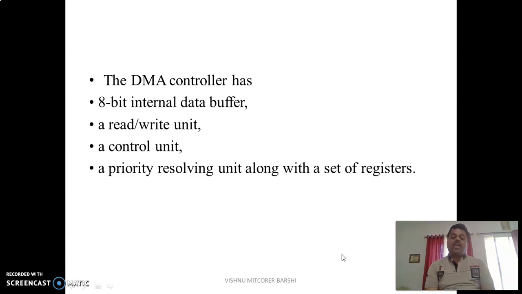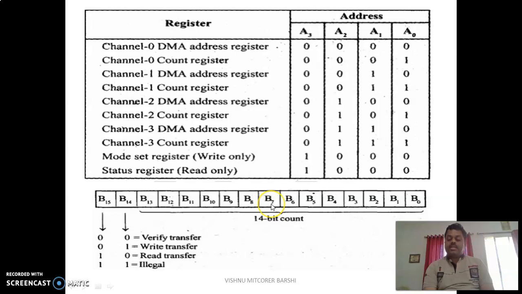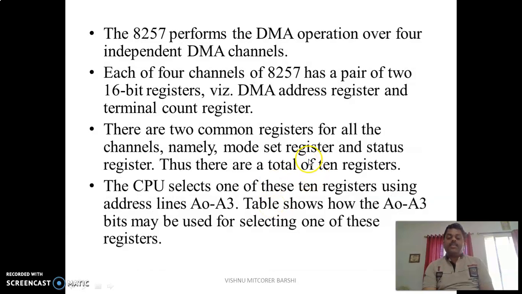The DMA controller has an 8-bit internal data buffer, a read/write unit, a control unit, a priority resolving unit along with a set of registers. The 8257 performs the DMA operation over 4 independent DMA channels. Each of the 4 channels has a pair of 16-bit registers, a DMA address register and a terminal count register.